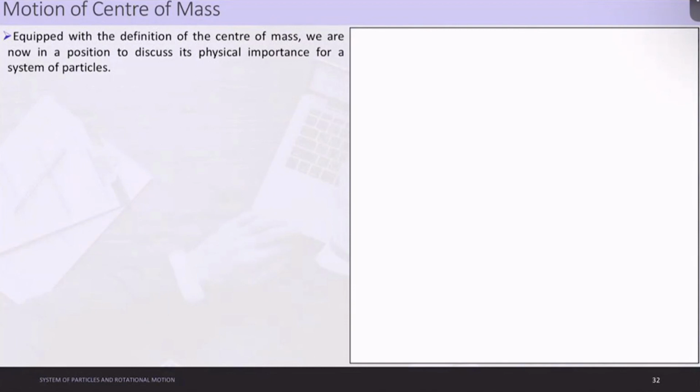Given the definition of the center of mass, we are now in a position to discuss its physical importance for a system of particles. We understood the basic meaning of center of mass. Now let us understand its significance.